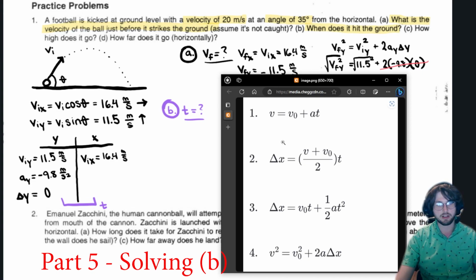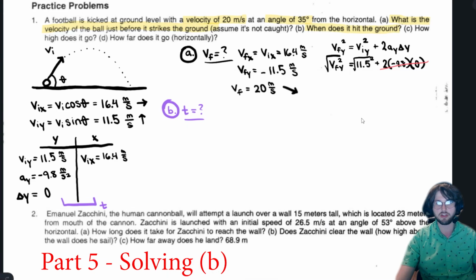So that's looking like this one, number 3. And if we translate that into our language here, we're looking at delta y, a displacement, equals v initial y times t plus 1/2 times ay times t squared.